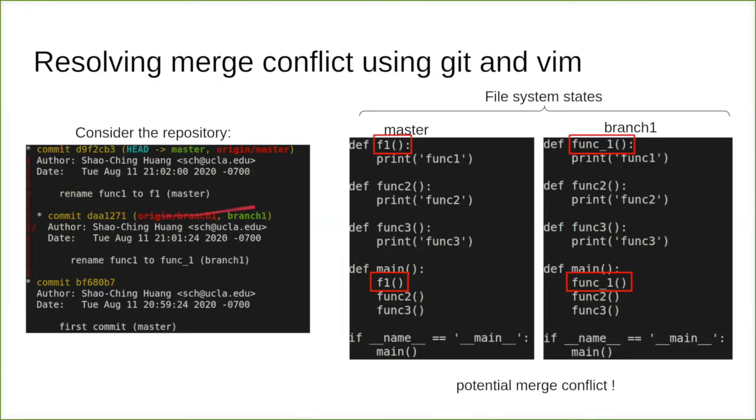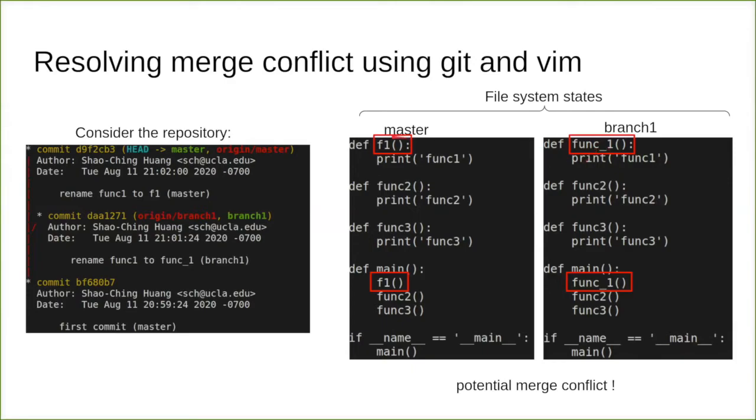In this case, on the master branch, somebody changed the function to F1. This is code, for example, in this example. But in the diverged branch 1, at the same function, somebody named this function 1.